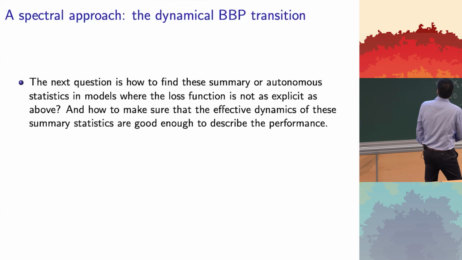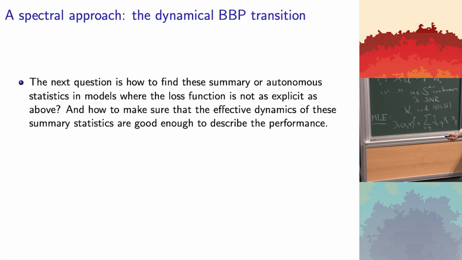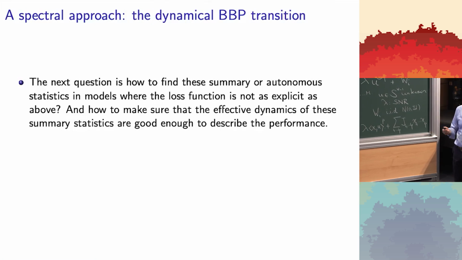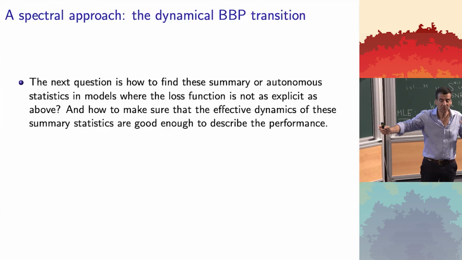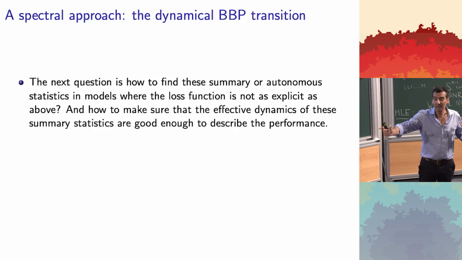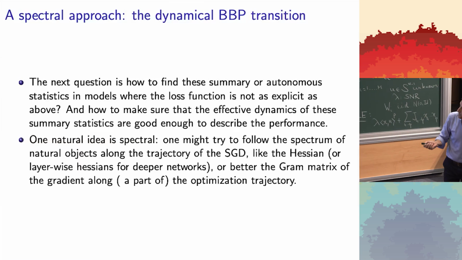So the next question is to find this summary statistics and the effective dynamics, to show that they are autonomous. Of course, I'm starting from the idea that if you have outliers, the dynamics should be autonomous. This is a question of faith here, right? But in fact, of course, you can imagine you can prove something like this.